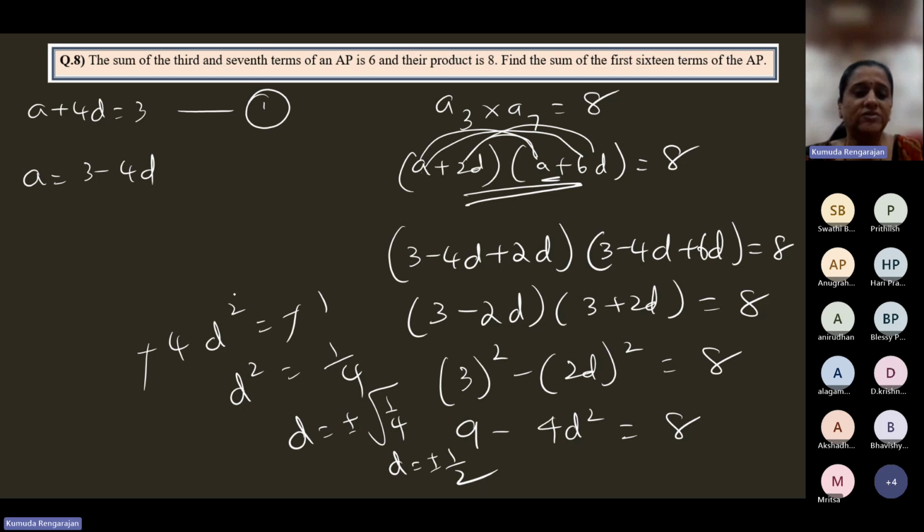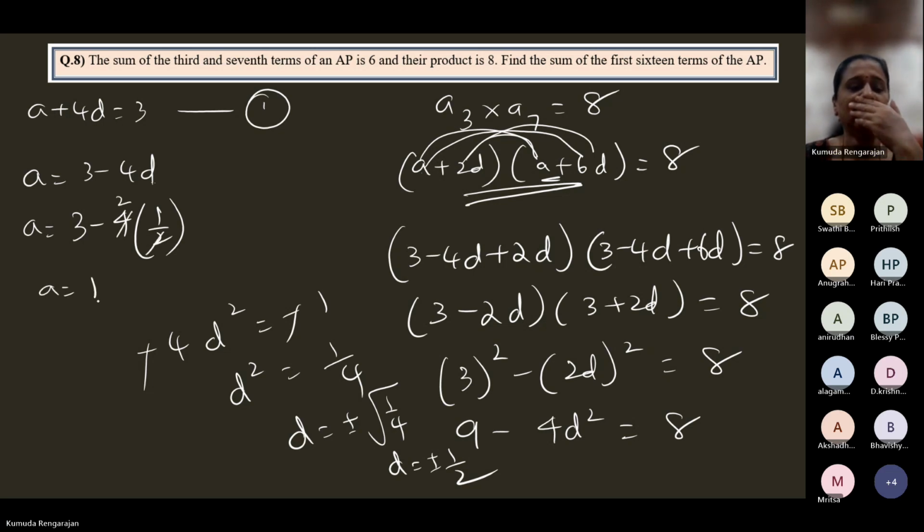Now when D is plus half, find the value of A, and when D is minus half, find the value of A. For each value of D, you will get a corresponding value for A. So when D is plus 1 by 2, the value of A is 1.